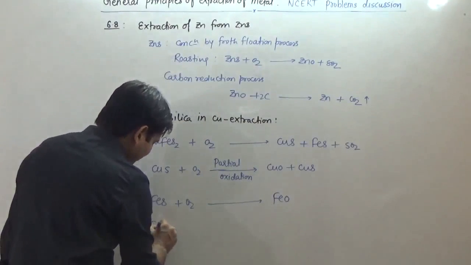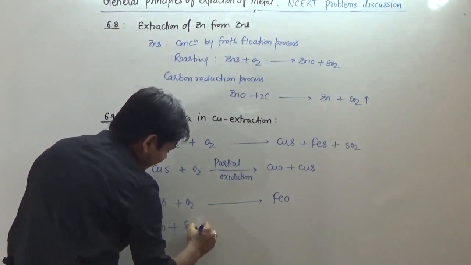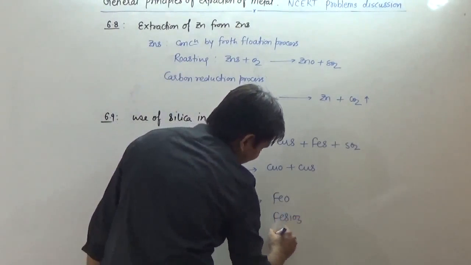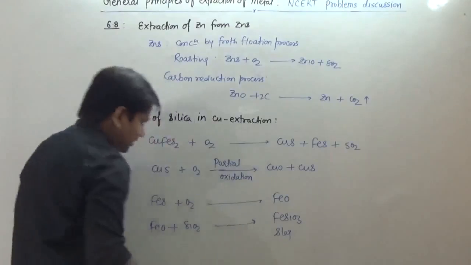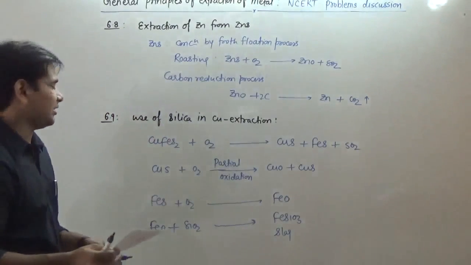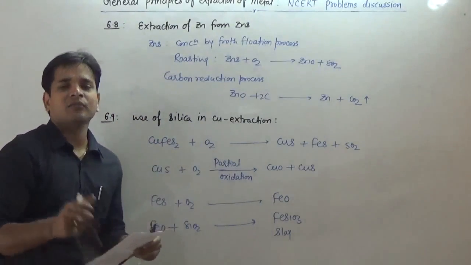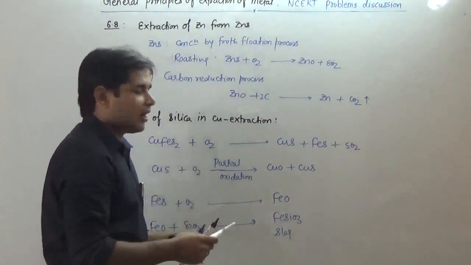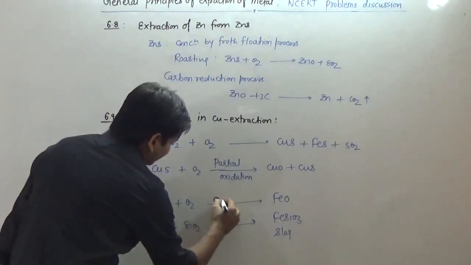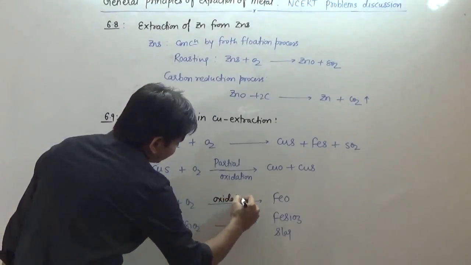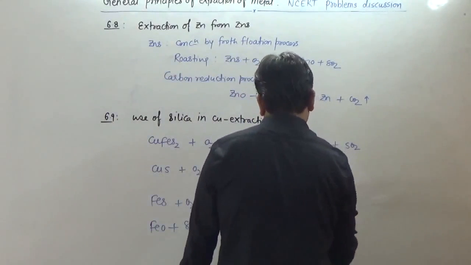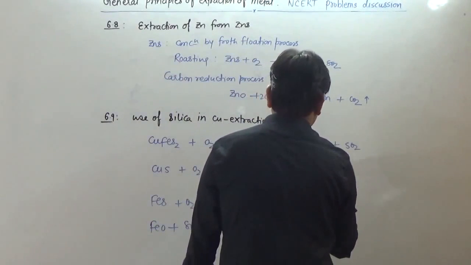Now FeO has to be removed by slag formation, and that's why SiO2 is added. FeS present in the copper ore will be converted into oxide by oxidation. Copper is only partially oxidized, but iron is easily oxidized.